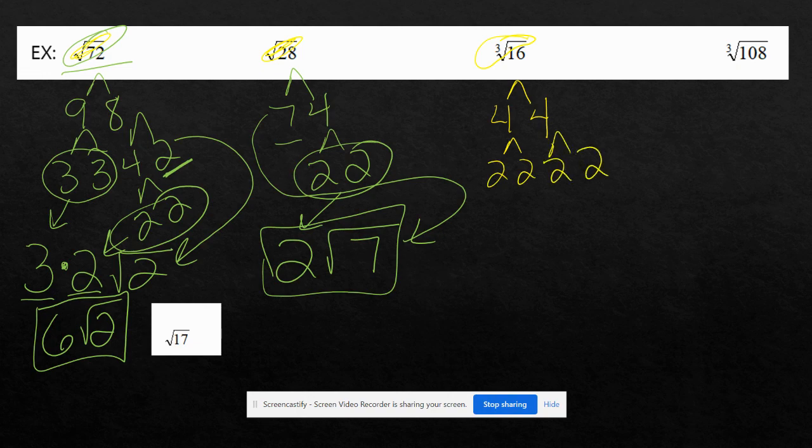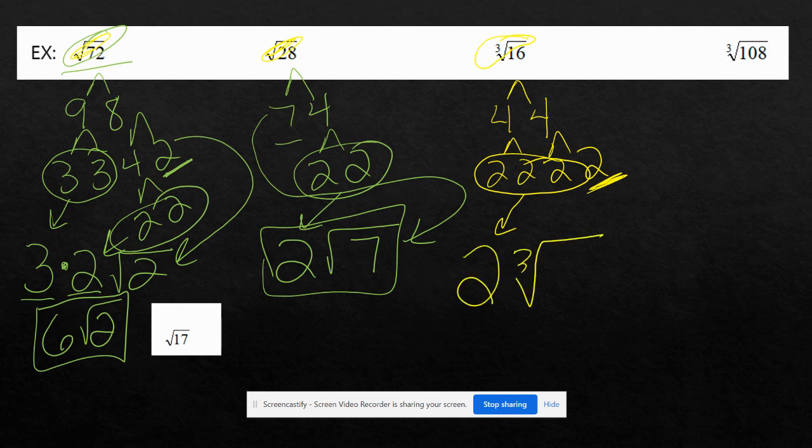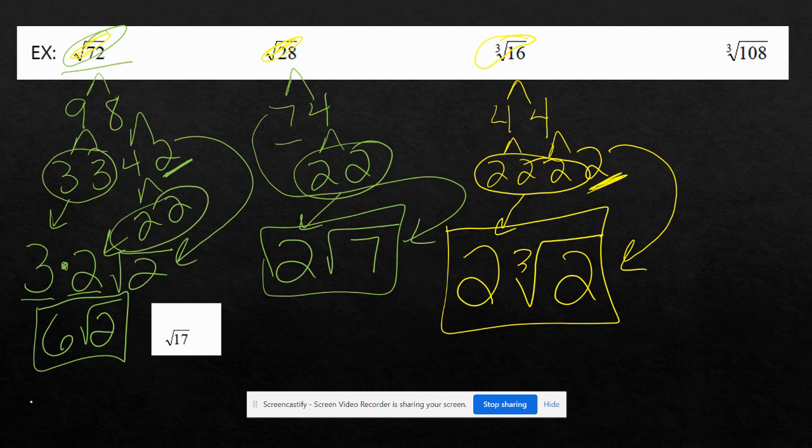Remember, I need a group of 3 for them to be able to come out from under the radical. Here's a group of 3 2's, and that one gets stuck at home. So the group of 3 2's goes outside. We have our third root, and the 2 that was an oddball stays home. That's what we have to multiply.